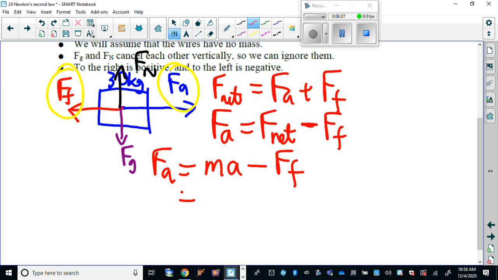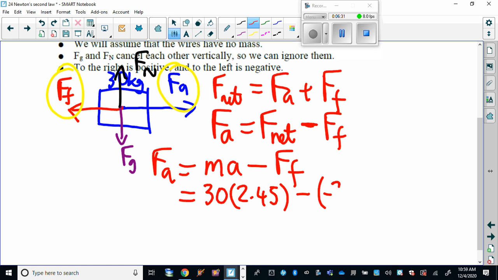So MA, we have the mass, which is going to be 30. We have the acceleration, we're going to say 2.45 in the positive direction to the right, minus, now what do we do for the friction force? Is it just minus 213, or is it minus negative 213? And the answer is negative. You must put the negative in there.